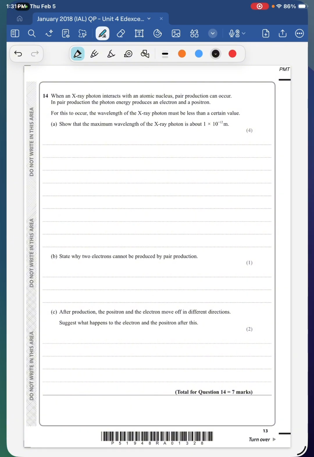Show that the maximum wavelength of the X-ray photon is about 1 times 10 to the negative 12 meters, which is 1 picometer, right? Or 1/1000 nanometers, I'm sorry.